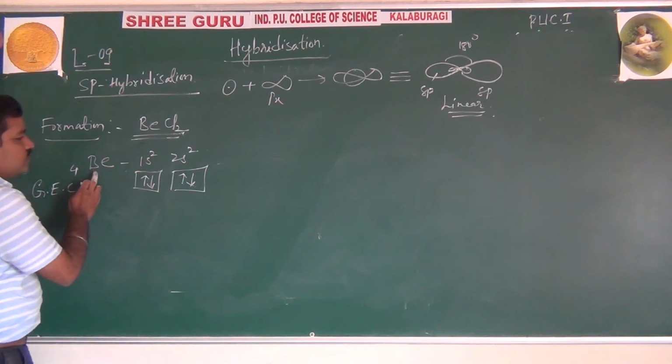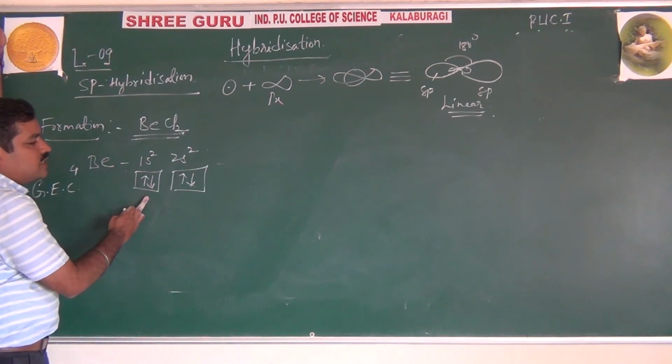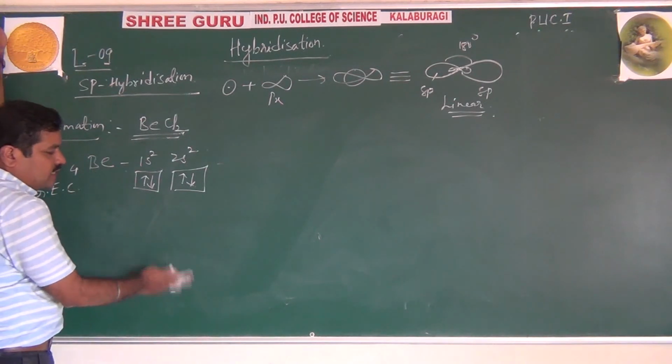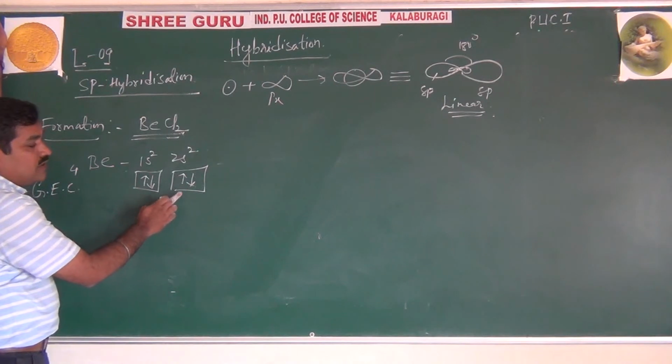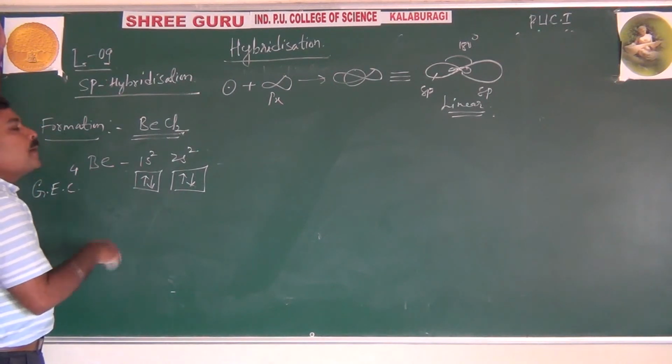There are two valence electrons, but for hybridization half-filled orbitals are necessary. Completely filled orbitals matter only in the case of lone pairs. These are not lone pairs; these are paired electrons.